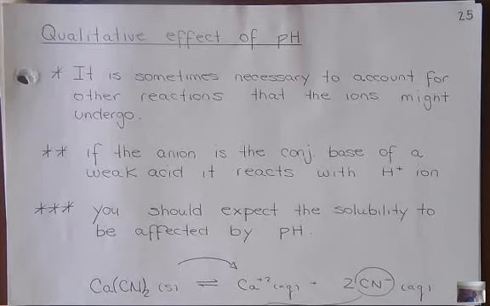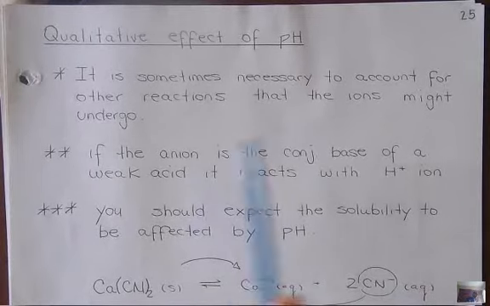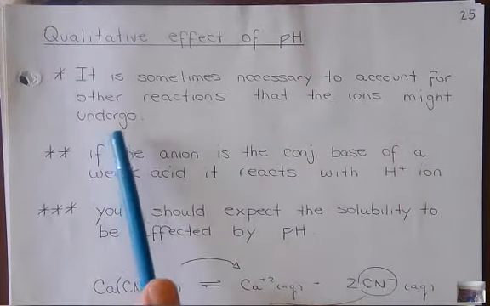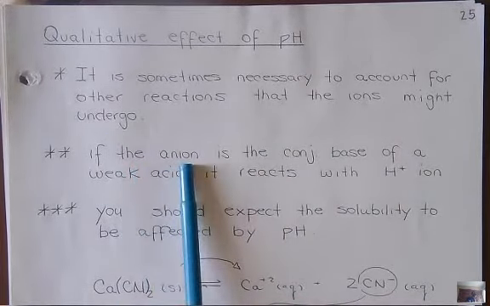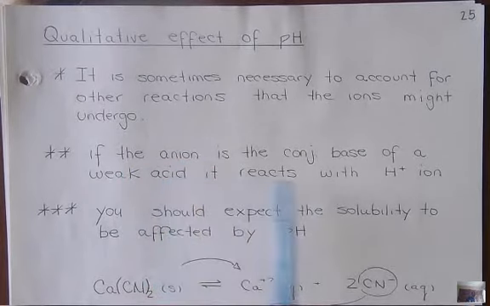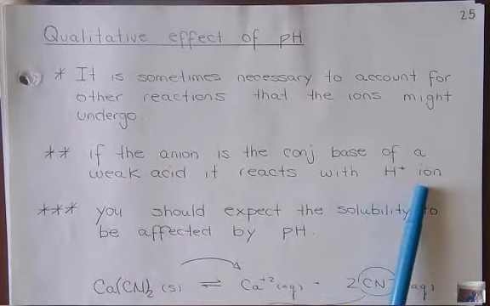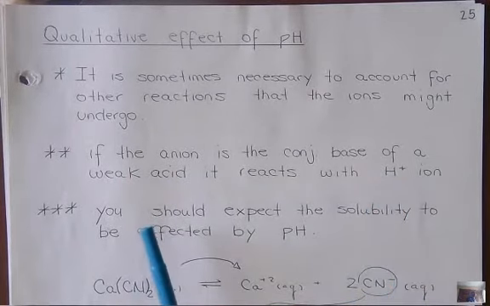So let's take a look at it. It's sometimes necessary to account for other reactions that the ions might undergo. If the anion, the negatively charged ion, is the conjugate base of a weak acid, it reacts with H plus or hydronium. Okay, so you should expect the solubility to be affected by pH. So let's take an example.